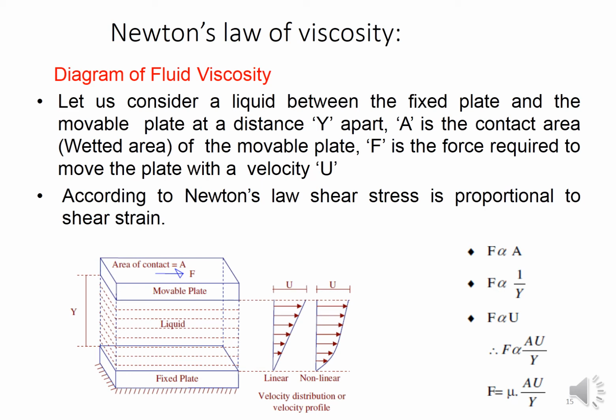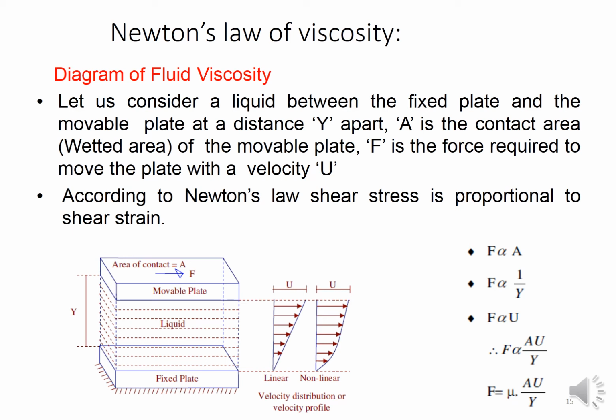So here I can say force is directly proportional to area and inversely proportional to the distance between the plates. Inversely proportional means that force is required more as the length decreases. As the length increases, force is less.